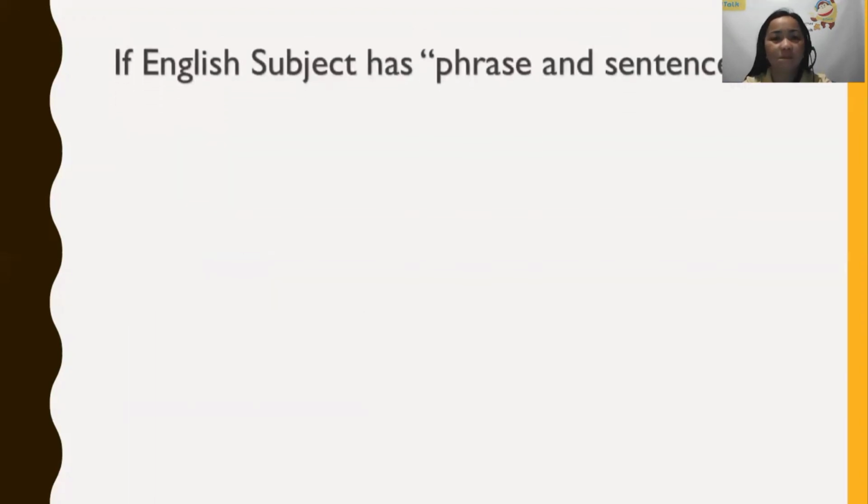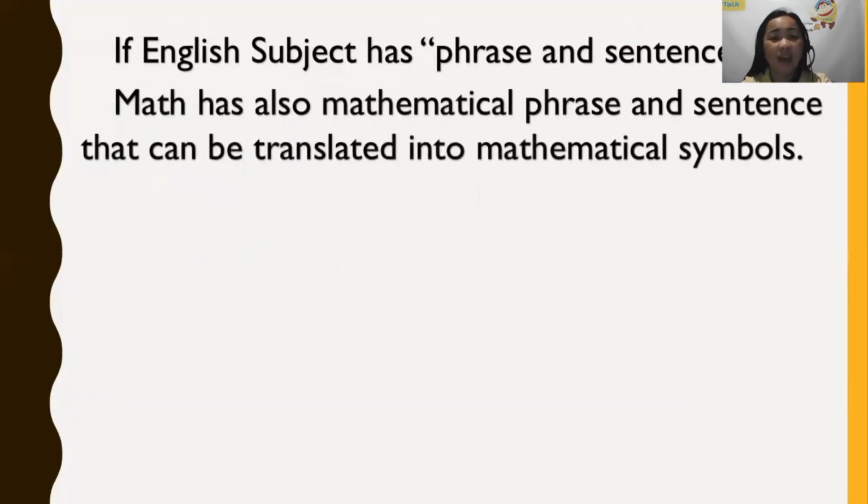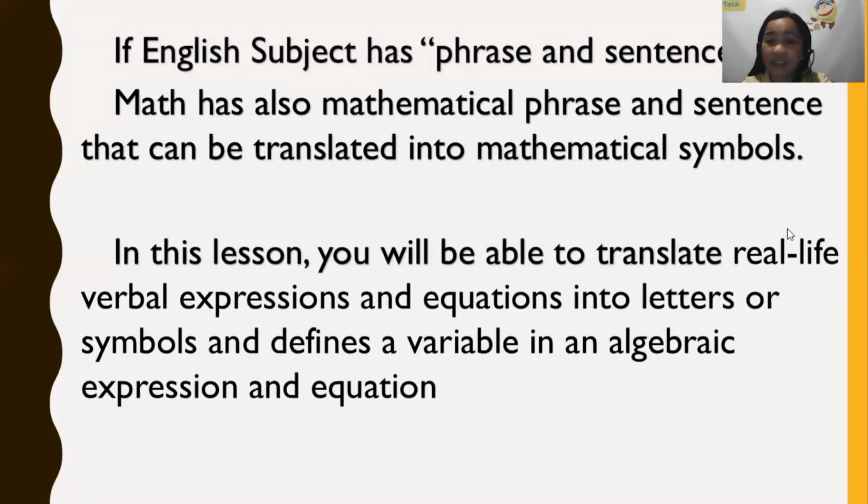And if the English subject has phrase and sentence, math also has mathematical phrase and sentence that can be translated into mathematical symbols. In this lesson, you will be able to translate verbal expressions and equations into letters and symbols and define a variable in an algebraic expression and equation.